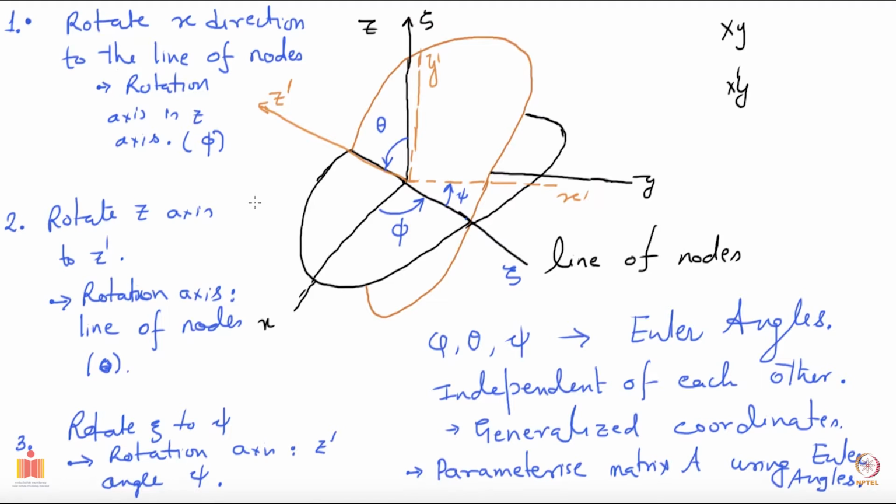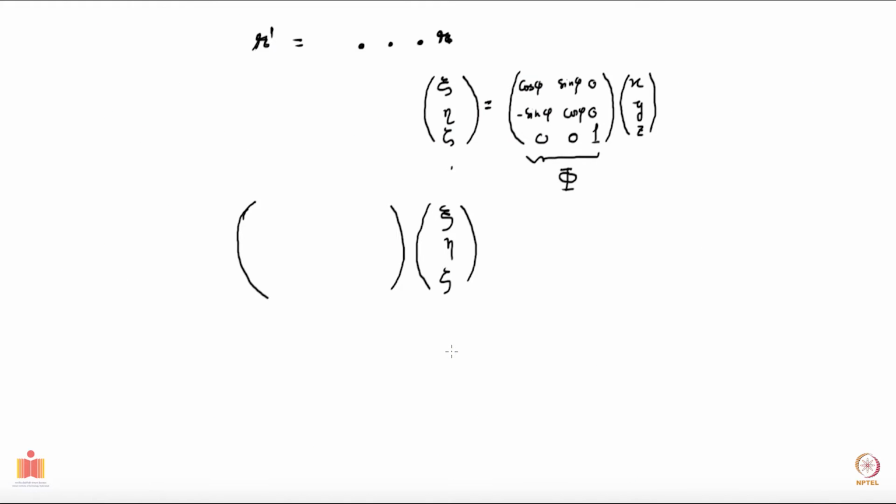Xi. So just like what we did here, for xi not to change, I have to have these as these entries, right? Now you have to mix eta and zeta, and the angle is theta, so it has to be cos of theta, sine of theta, minus sine of theta, and cos of theta, and I will call this matrix theta.